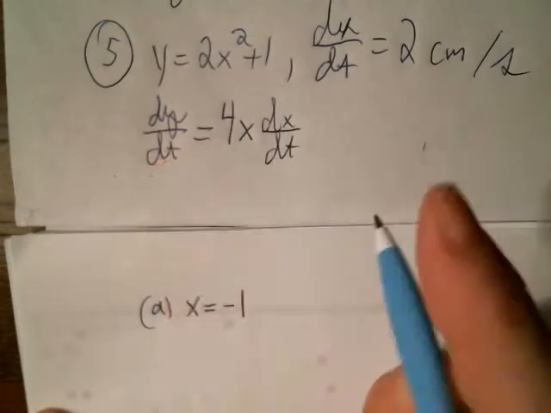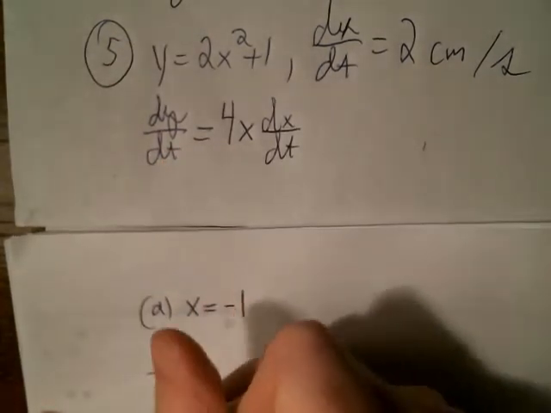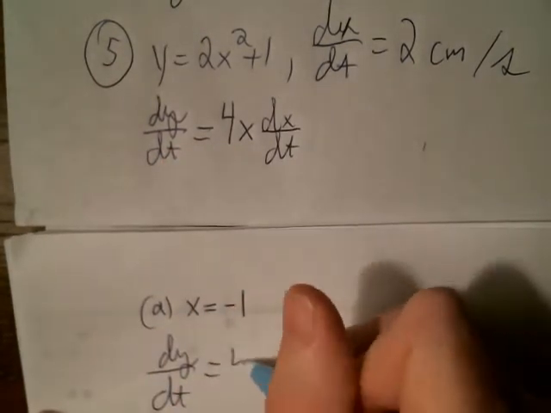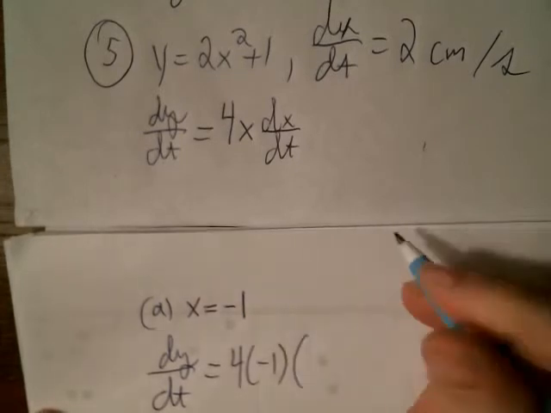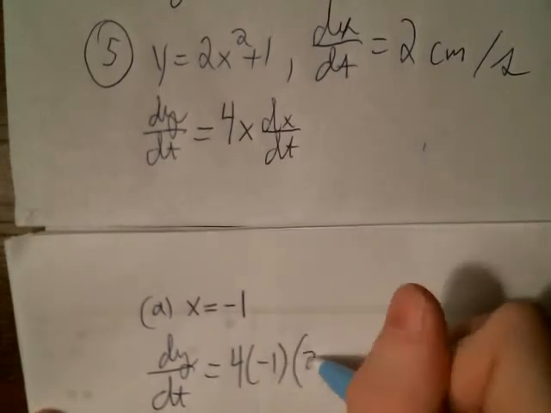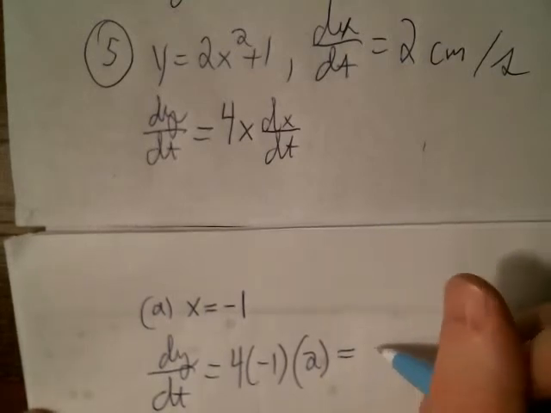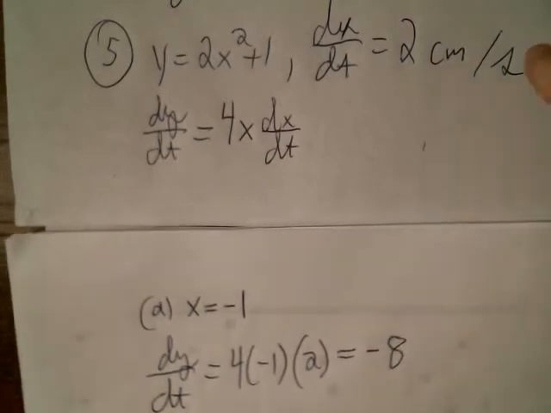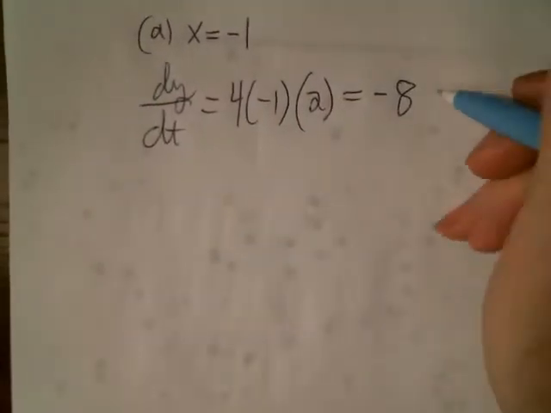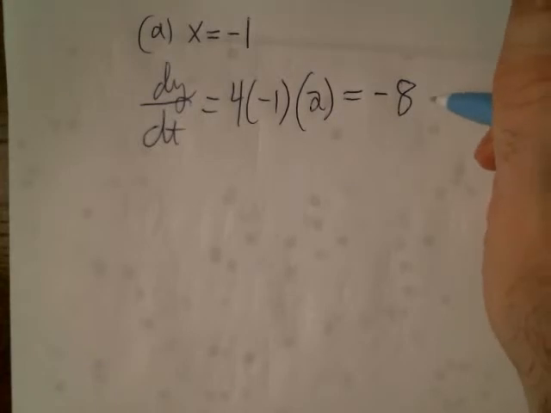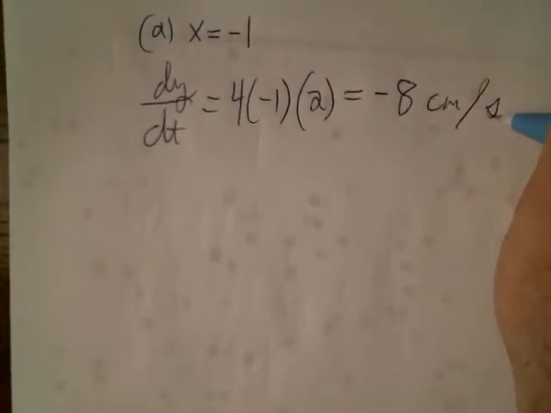So we'll be able to evaluate this. So we get 4 times -1 times dx with respect to dt, which is 2. And that'll be 2 times -1 is -2 times 4 is -8. So the rate of change of y is -8 centimeters per second.